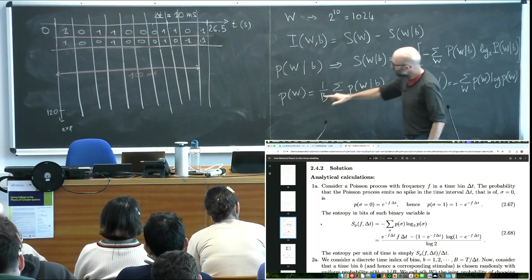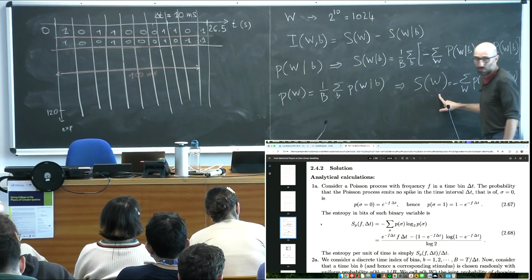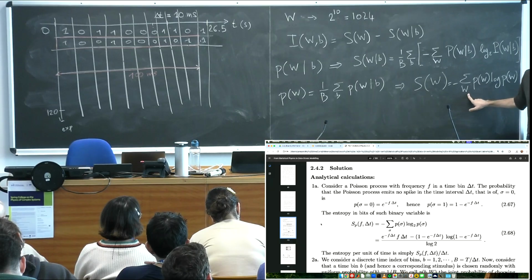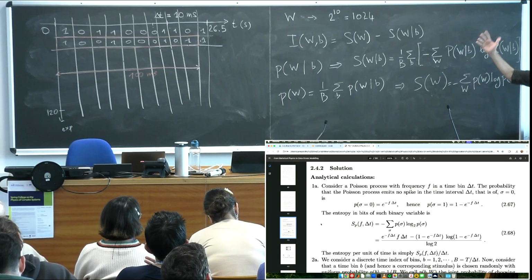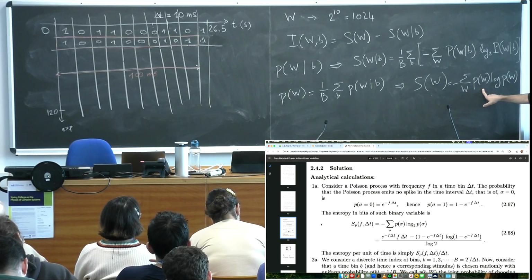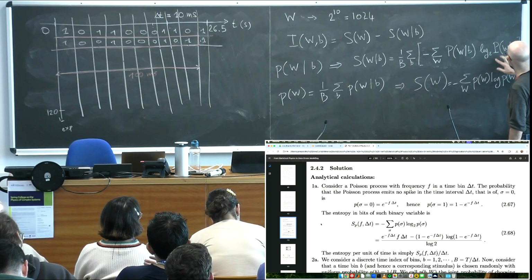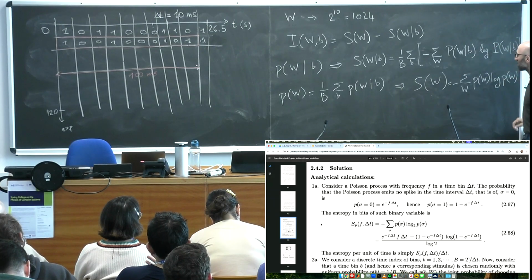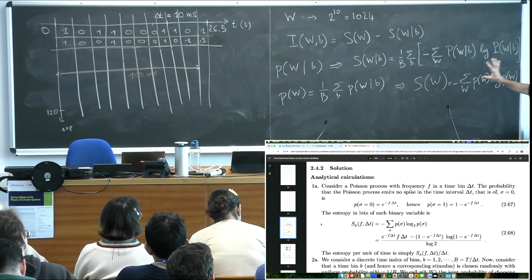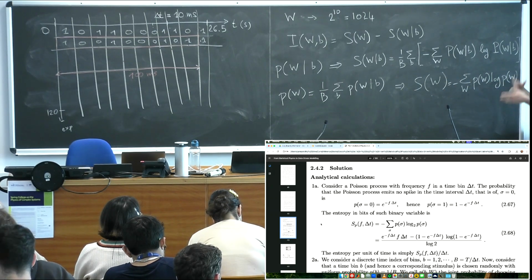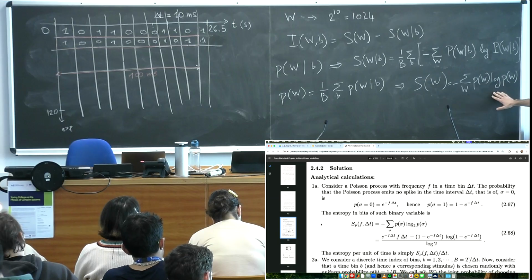From P of W, you can compute an entropy, which is just minus the sum over the 2 to the 10 words of P of W logarithm of P of W. I think here the base is always the natural logarithm. This gives you a measure of the variability of words, how many words you can see.